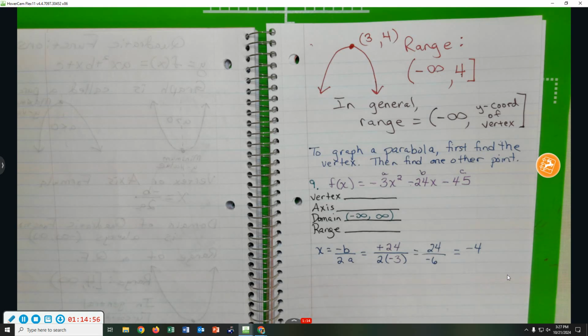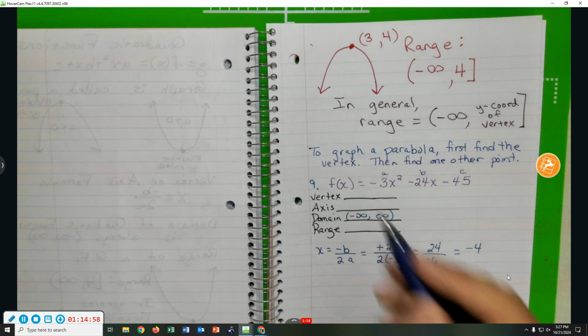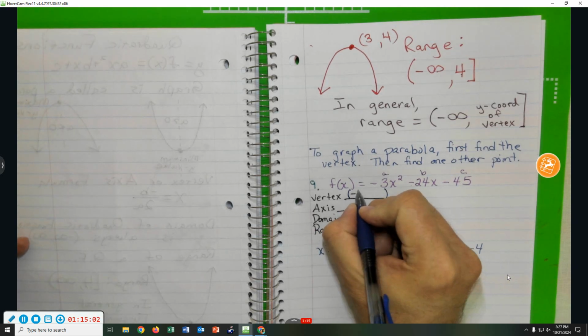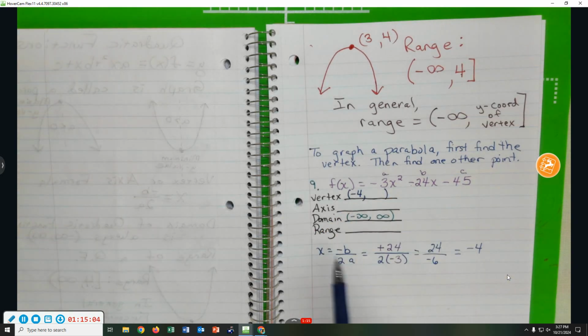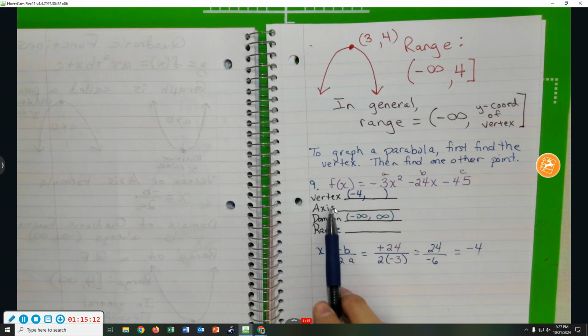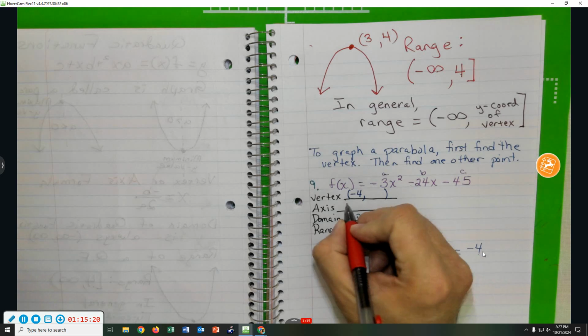Well, no, the vertex is an ordered pair. You've got to have parentheses and an x and y. Now, we get x equals negative 4, that's the axis. The axis is an imaginary vertical line, and when we were graphing lines, we said vertical lines always have an equation in the form x equals a number.